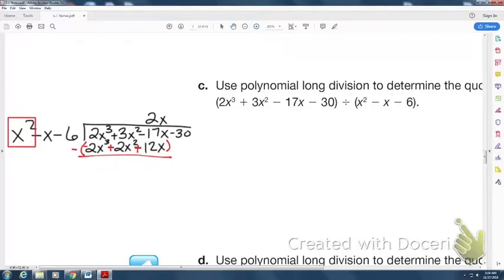So now I'll just do those easy addition subtraction problems. Those will cancel. 3x squared plus 2x squared is 5x squared. Negative 17x plus 12x is negative 5x. And then I drop down.